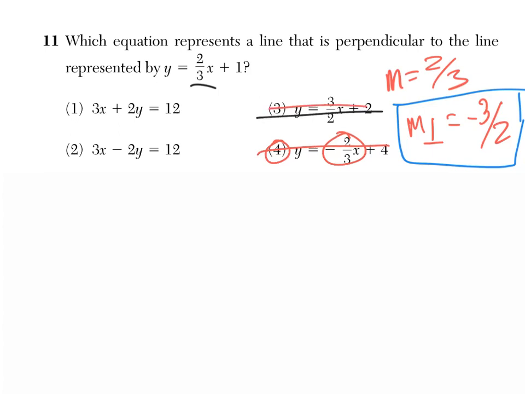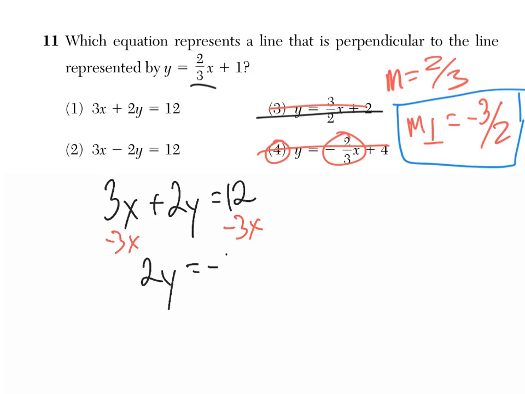Let's scrutinize option number 1 and 2. And we'll start with number 1. I can see that it's not written in slope-intercept form, so we're going to want to do that right now. I'm going to rewrite it like 3x plus 2y equals 12. We know that we're going to want to subtract 3x from both sides. And when we do, we've got 2y equals negative 3x plus 12. And next, we'll divide both sides by 2.